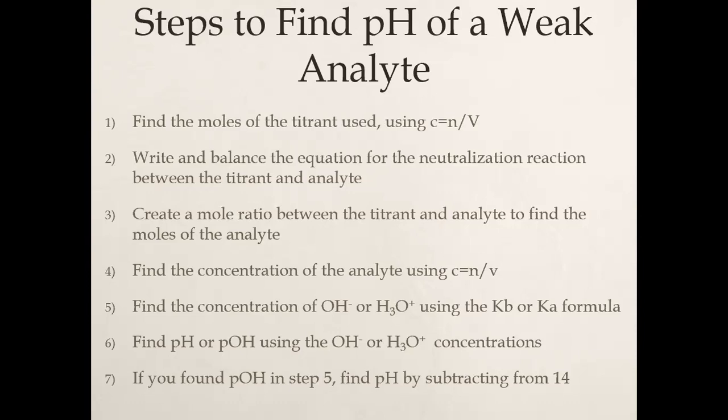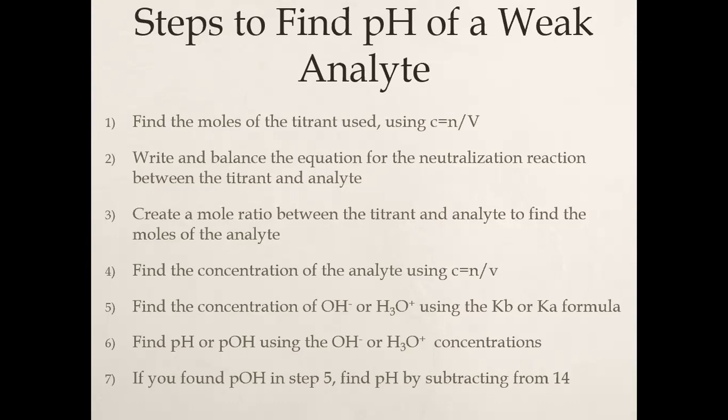And then you will find the concentration of either your hydronium or hydroxide ions, not by using the mole ratio this time, like you do with strong acids and bases, but instead by using either the Ka or Kb formula. Then you can plug those into your pH or pOH formulas.